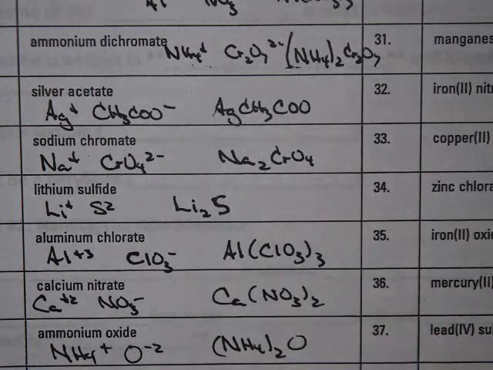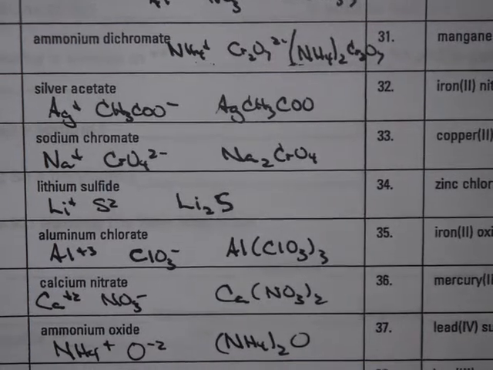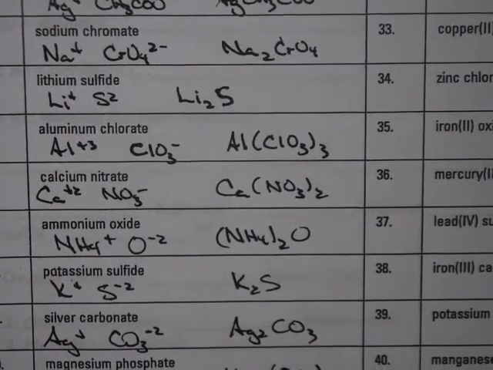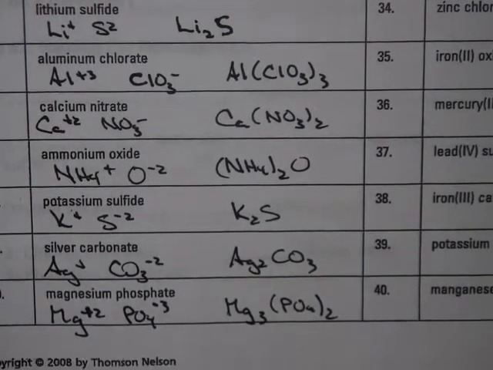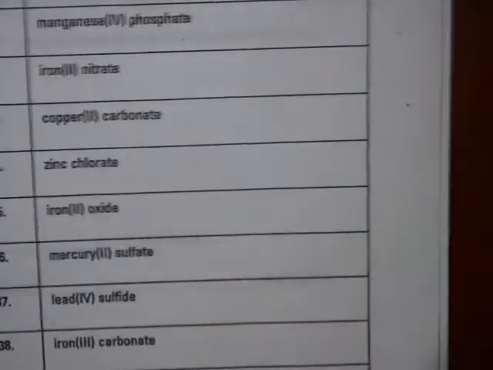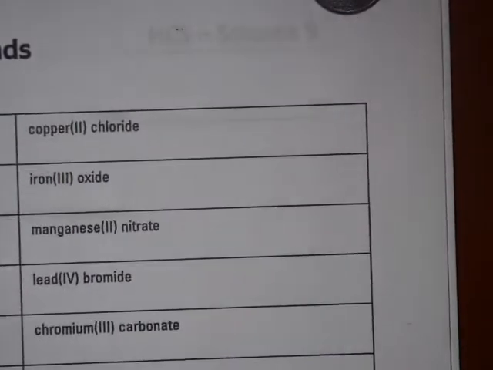This is actually a better way of writing it, because this actually tells you what it looks like, like if you were to actually see a molecule of silver acetate. Sodium chromate, Na2CrO4, lithium sulfide, Li2S. So I'm going to show you the rest. And you can pause whenever you need to.